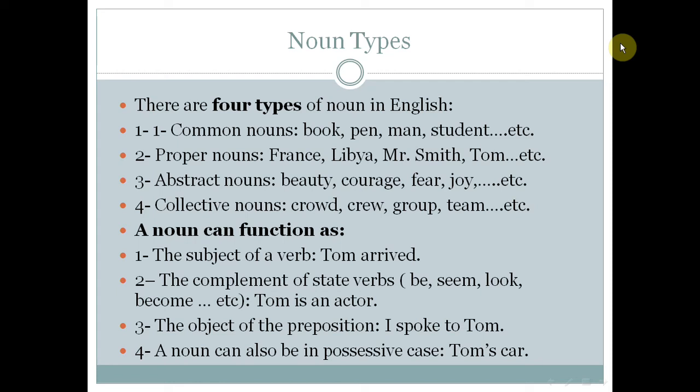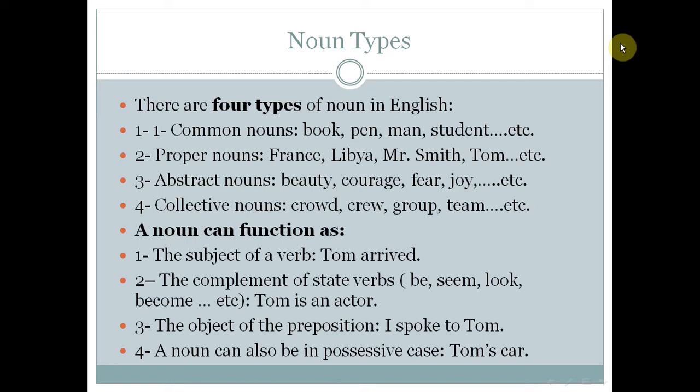Number 2, proper nouns. Number 3, abstract nouns. Abstract nouns like beauty, courage, fear, joy, honesty, and so on. Okay?